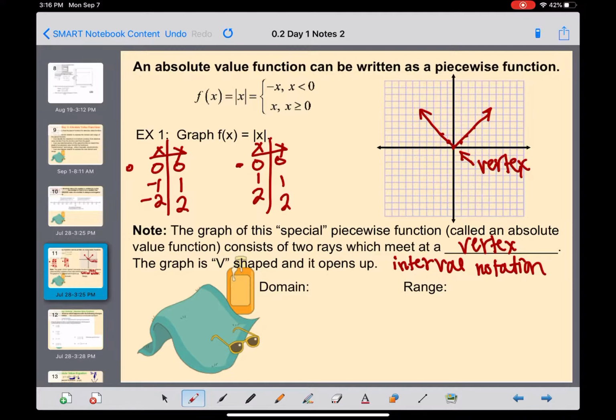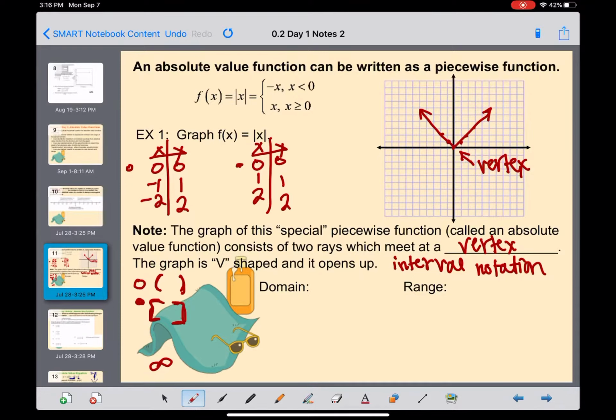And if we have an open circle or a closed circle, those are going to be different. So open is going to have an open parenthesis. Closed is going to have a closed bracket. Okay, so those are your different things. And then the other symbol you're going to see is this infinity. That means it goes on forever in one direction or the other.